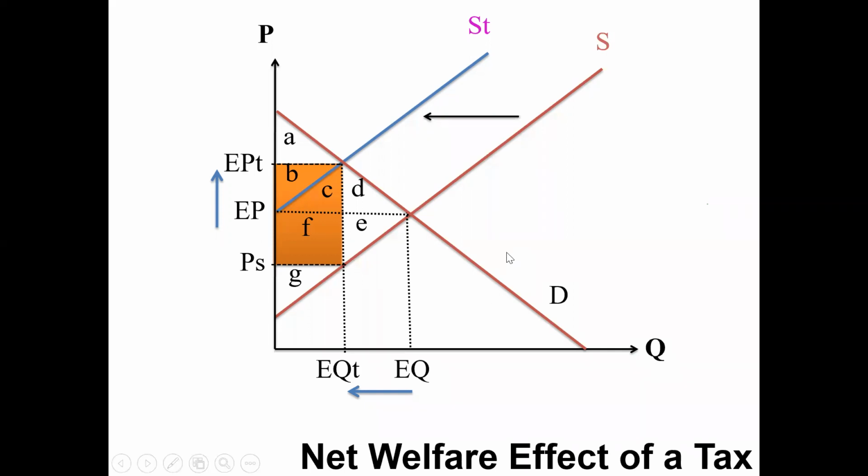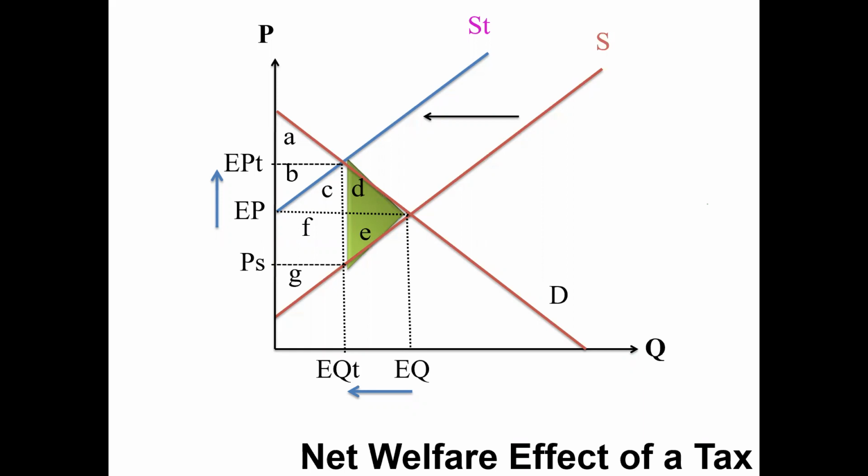So E and D. Ah, D and E, yes. The final loss to the country we call net welfare loss.